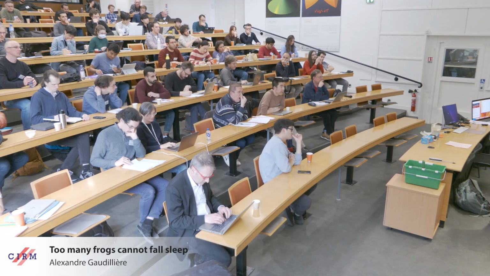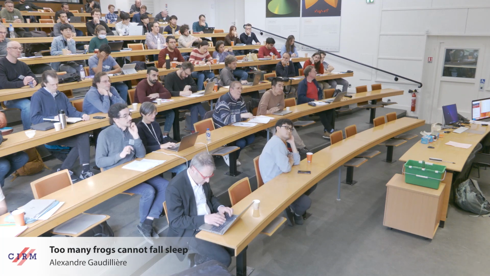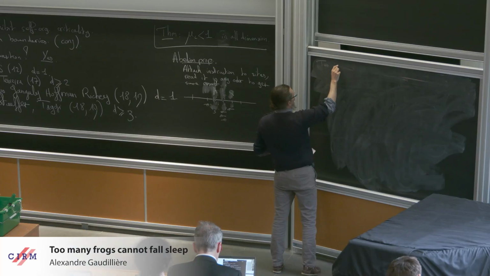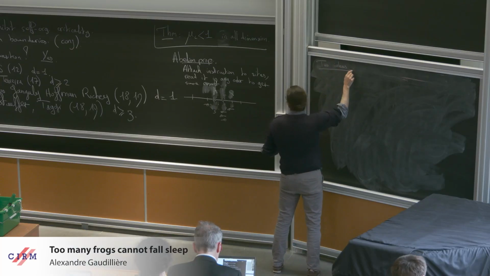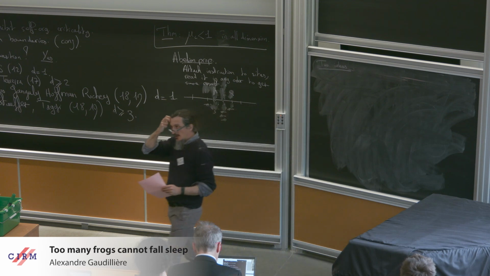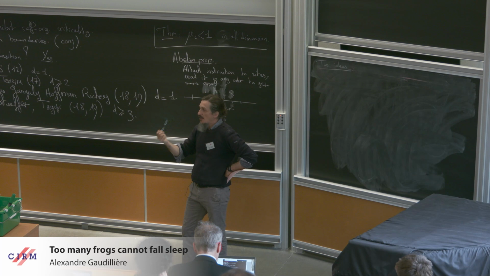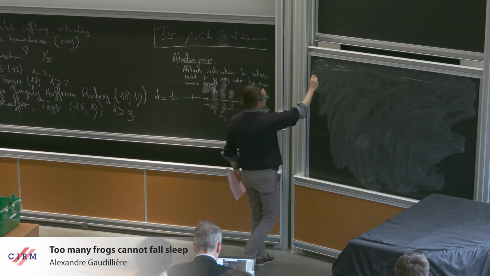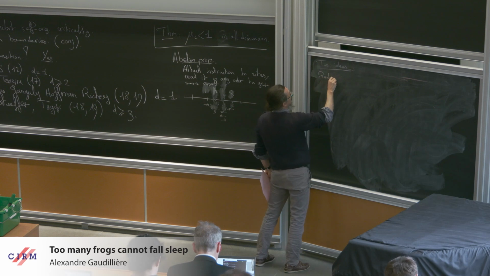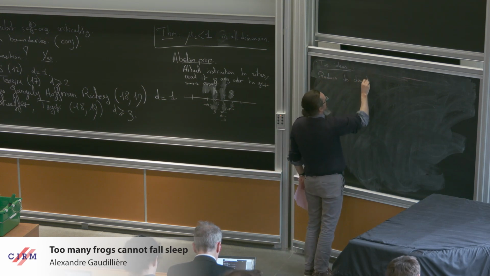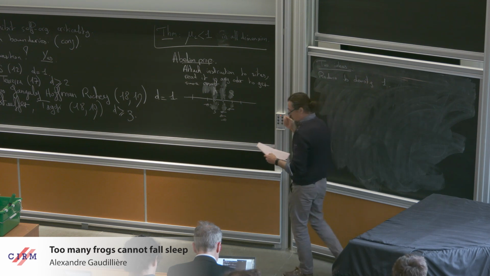Okay, so two ideas to conclude the proof. I have no time to make the whole proof, but just two ideas. The first one is to reduce the dynamics to density 1 dynamics. How do you do that?